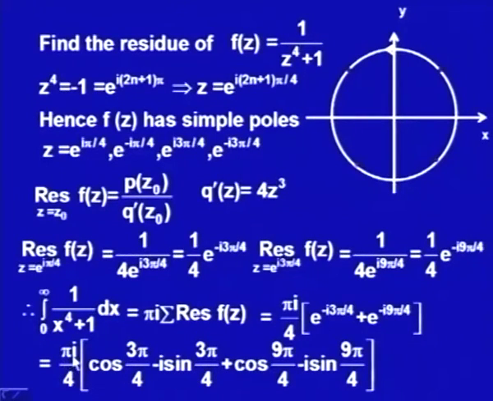Just multiply i into i, that is i squared is minus 1, and we would get pi upon 2 root 2. So, we have evaluated the integral 0 to infinity 1 upon x to the power 4 plus 1 dx as pi upon 2 root 2.